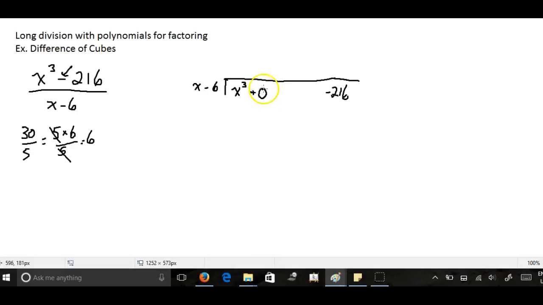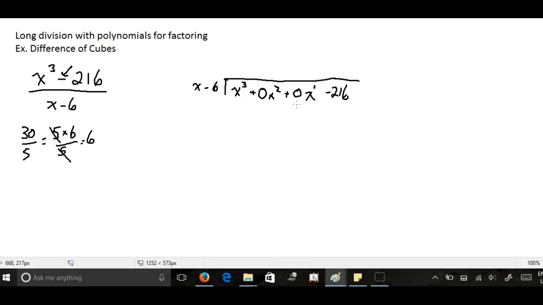So I should put in a 0x squared here, and I should put in a 0x to the 1. I don't have to write 1. Alright, so now I have place values in x cubed, and x squared, and x1, and in x to the 0. And we want to always arrange the terms in descending power of x, being sure to have placeholders for those terms that are missing.